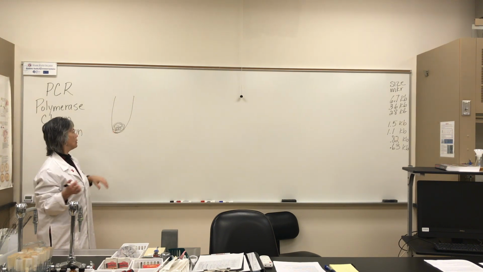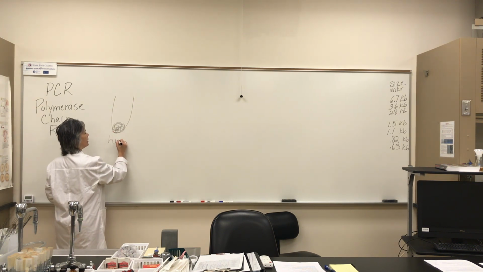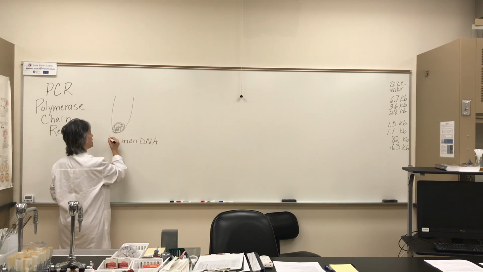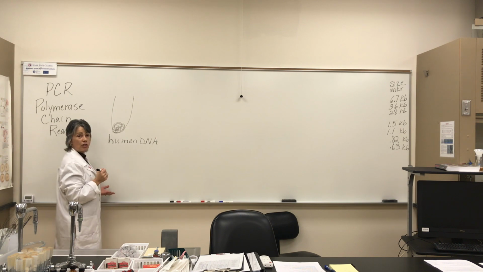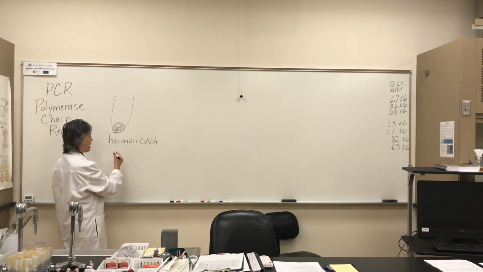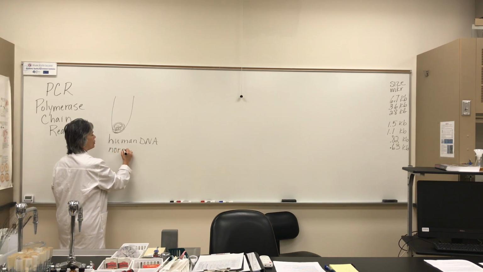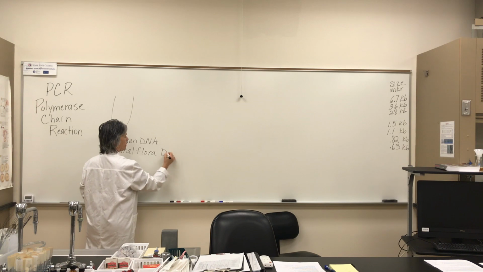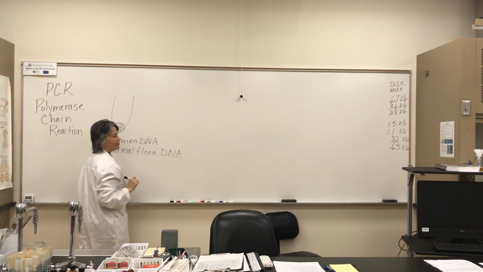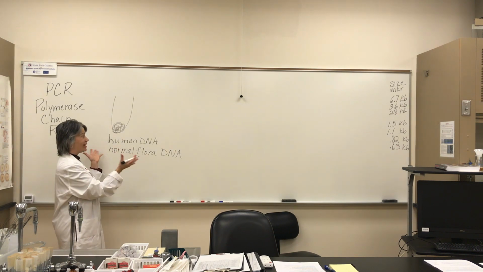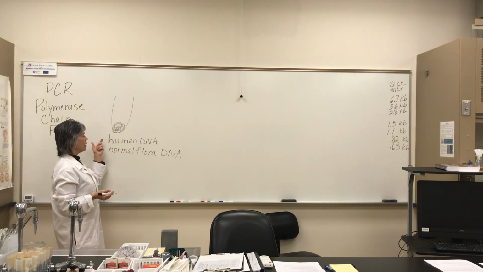In that sample, you're going to have lots of human DNA isolated from the patient's cells. You are going to also have normal flora DNA. Remember? Normal microbiota living in and on us. That's part of us. So you're going to expect human DNA from the cheek cells.